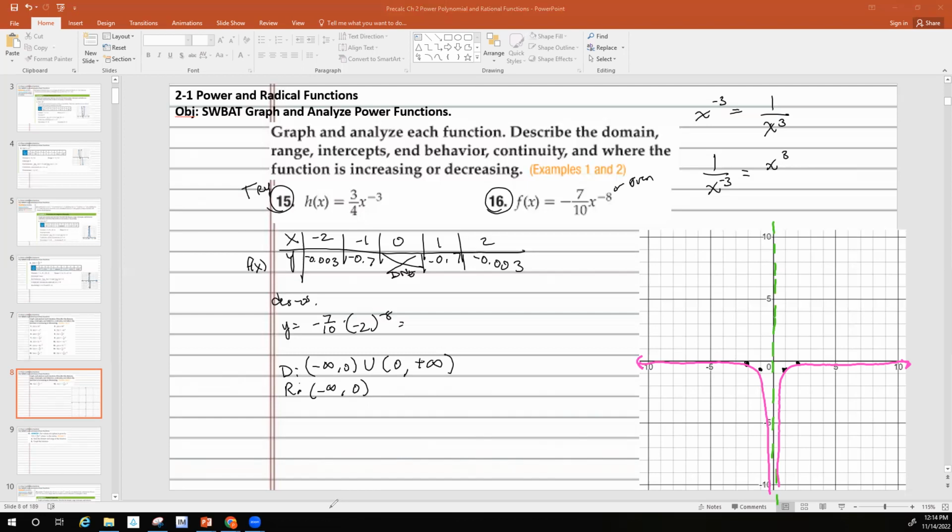And then end behavior. On the left, f of x approaches 0 as x approaches negative infinity, and f of x approaches 0 as x approaches positive infinity as it goes to the right. Intercepts, no intercepts.